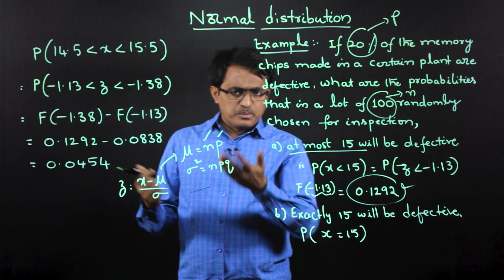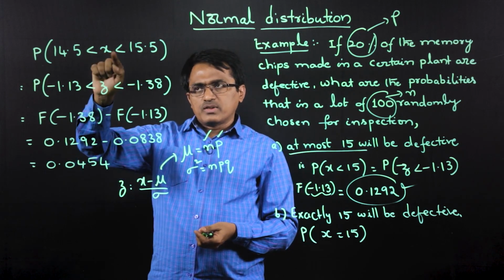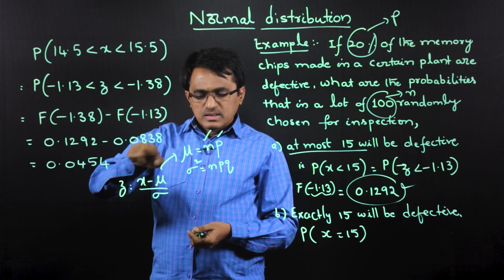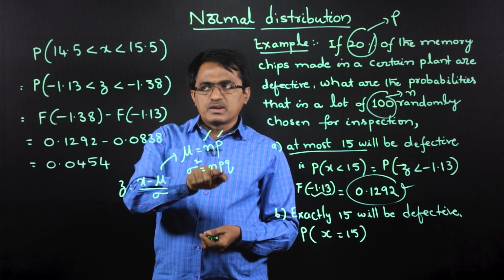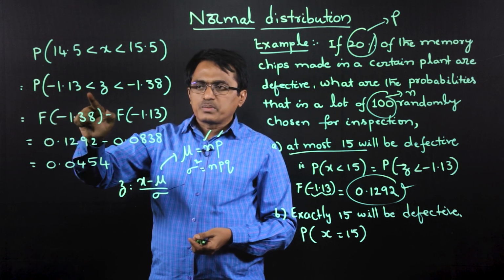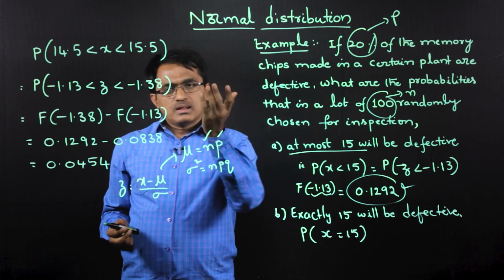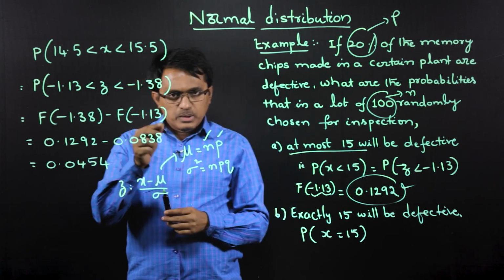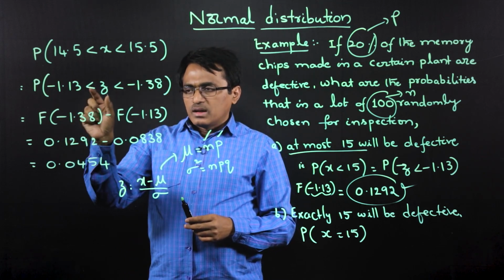Now in the same way, we convert the normal random variable into the standard normal random variable using the same approach, (x - mu)/sigma, where mu = np and sigma square = npq. Then we get the probability of -1.13 < Z < -1.13. Then the same way, it is F of upper limit minus F of lower limit, and from the normal distribution tables we can get the F values.